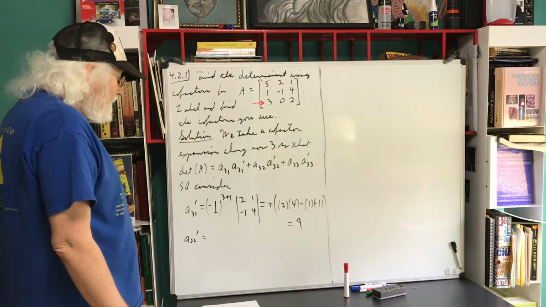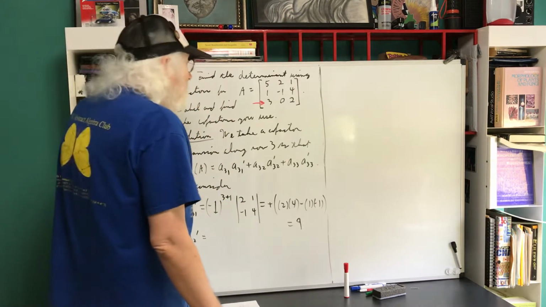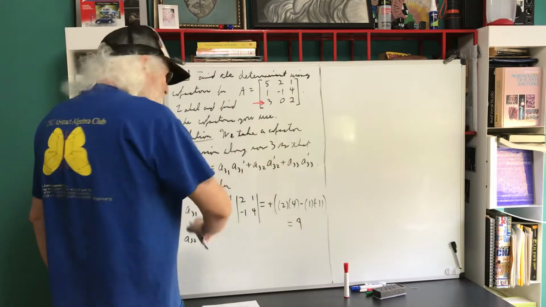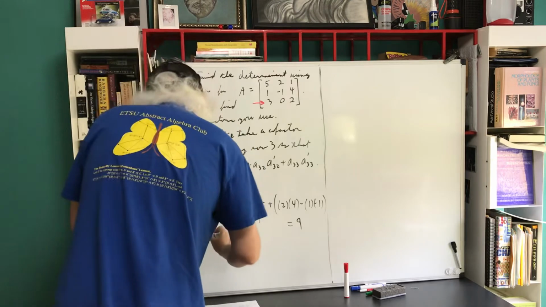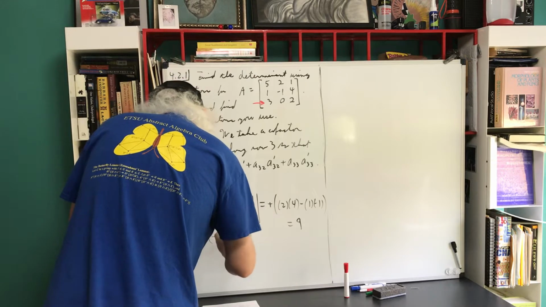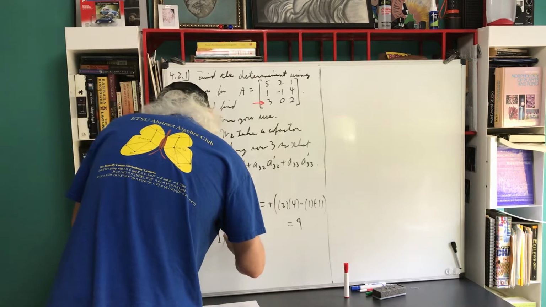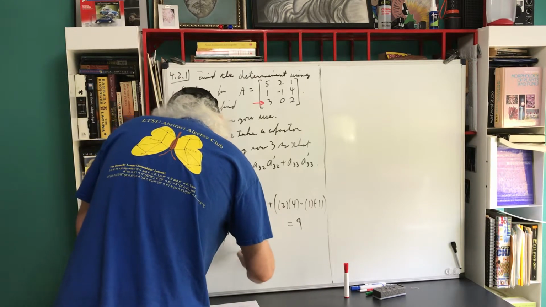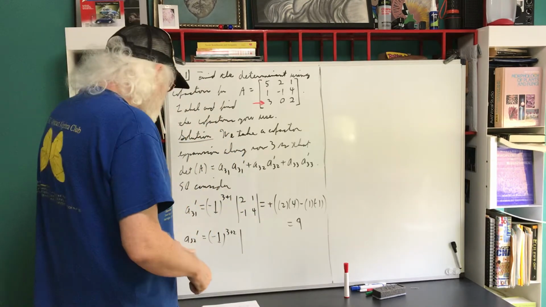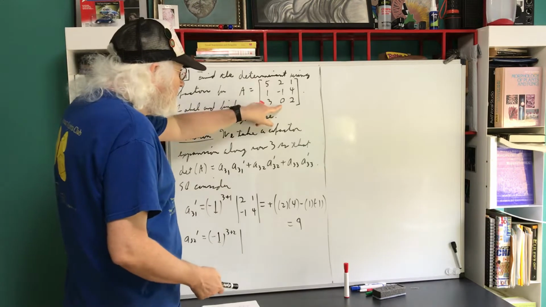A3-2 prime. Okay. Not entirely sure we need it because we're trying to take advantage of the 0. Let's go ahead and compute it for the record. So I do want to see the alternating plus minus stuff. So we'll get -1 to the 3 plus 2 power times the determinant of the minor matrix. Okay, we're looking at the 3-2 entry, that's this one.